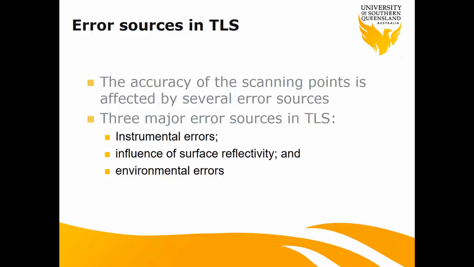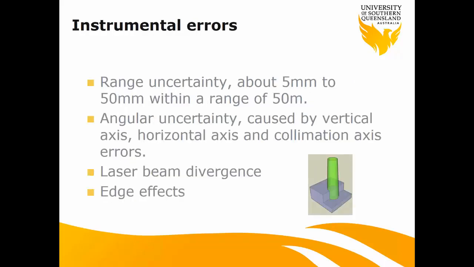Second, depending on the surface reflectivity, or the surface material, or its characteristics. And the last one is the environmental error, temperature, pressure, something like this. And from the EDM principle, you know the temperature and pressure will affect the distance measurement accuracy. Same thing here.